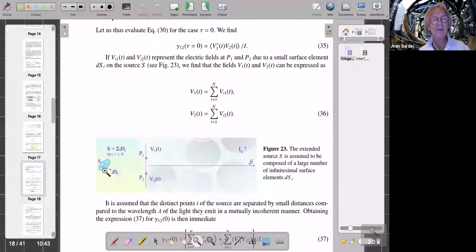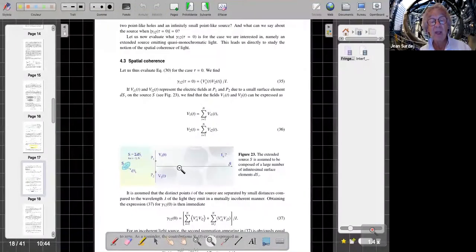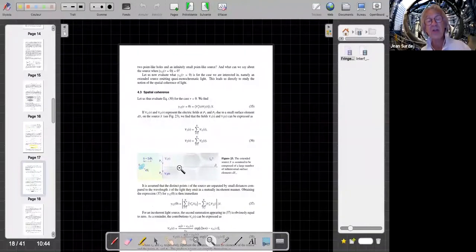This is just for visualization purposes that we set the source so close to the screen. Okay.